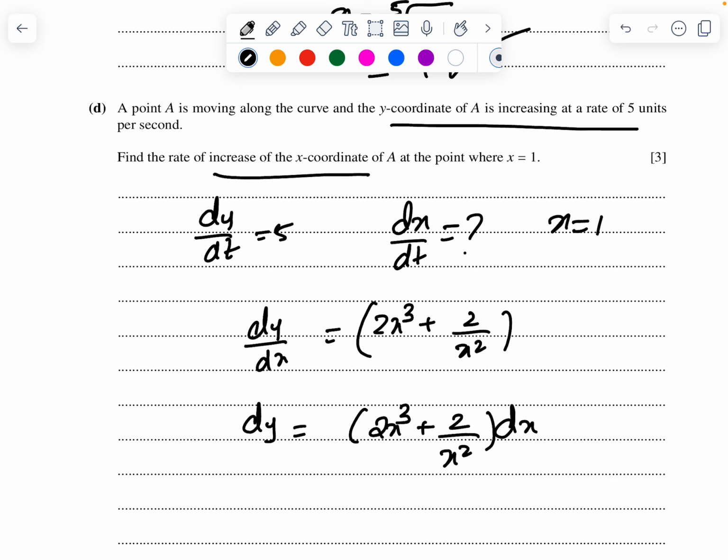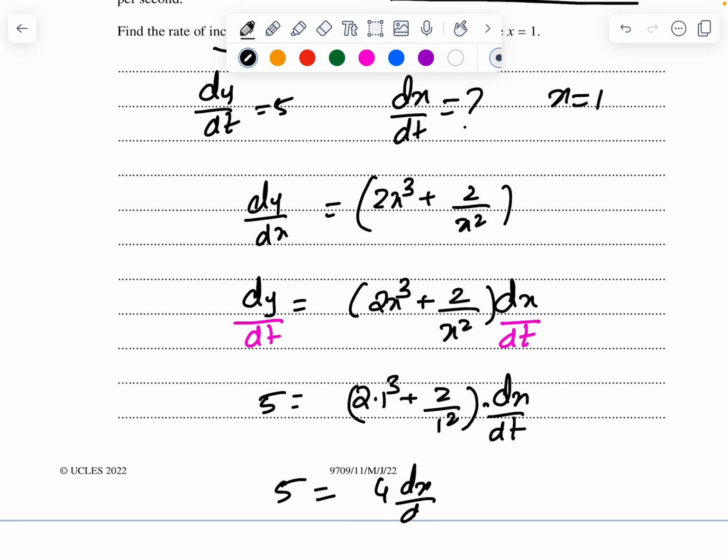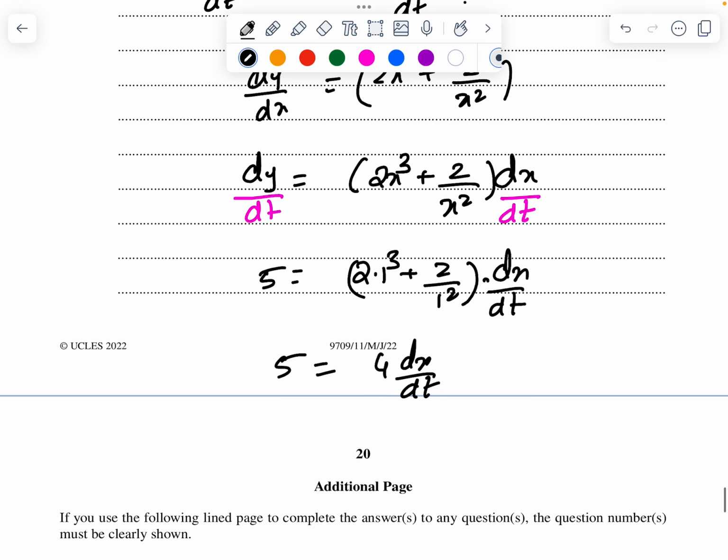Then divide by dt on both sides. And this value is 5 equals (2(1)³ + 2/1²) times dx/dt. So 5 equals 4 dx/dt. So what is dx/dt? 5/4. That's going to be the answer.